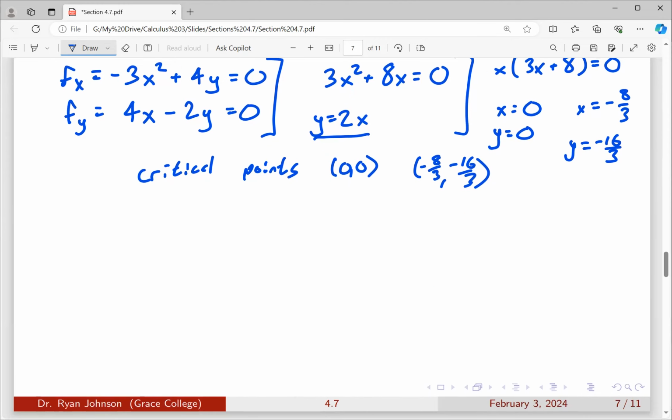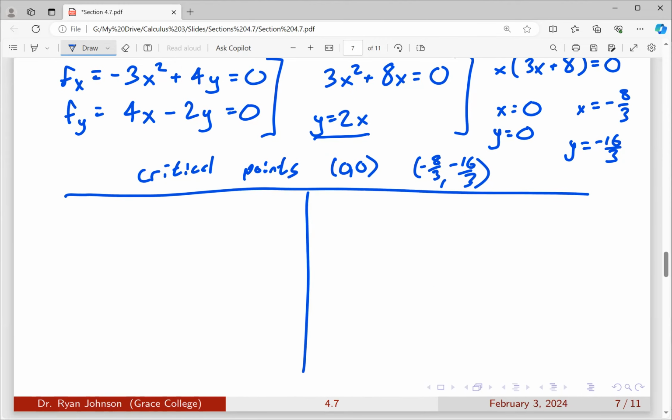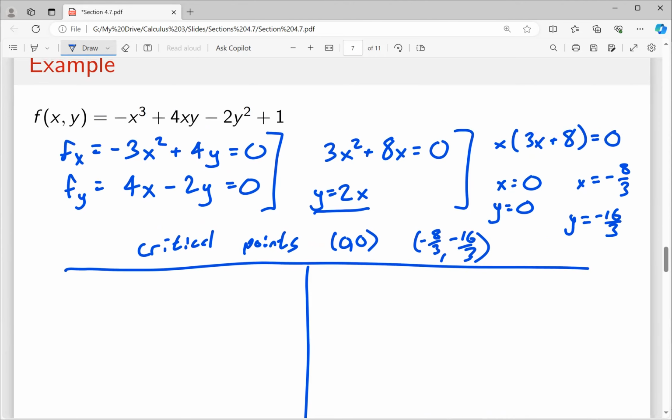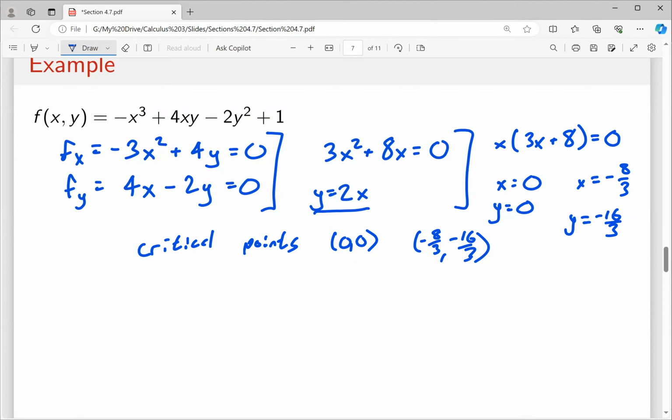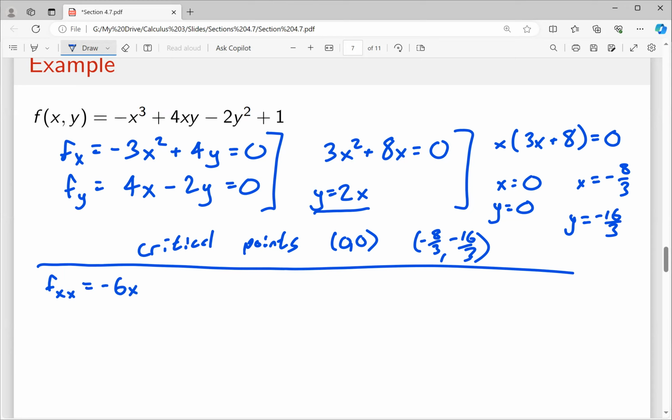Okay, well then I need to do two different calculations. Before that, I need all the second derivatives. So fxx is negative 6x.